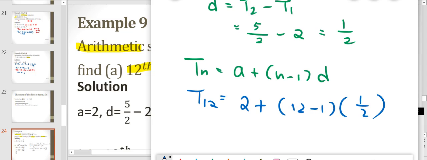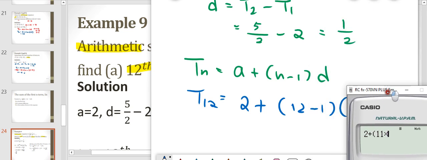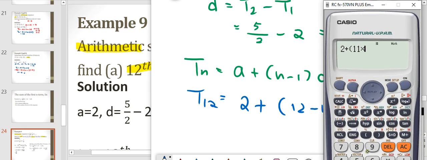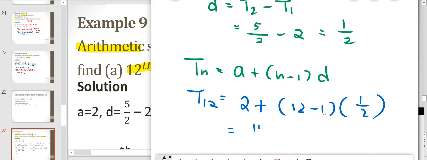Just use your calculator: 2 add up with 11 times 0.5. So you got 15 over 2.